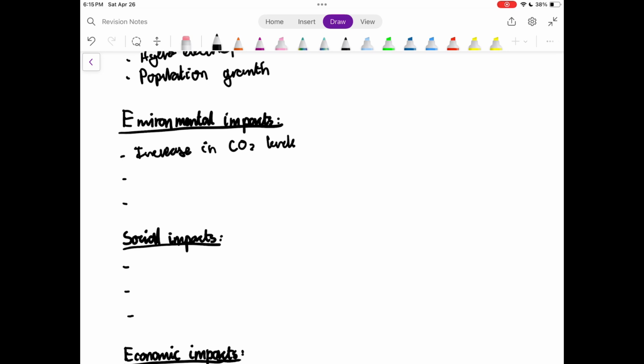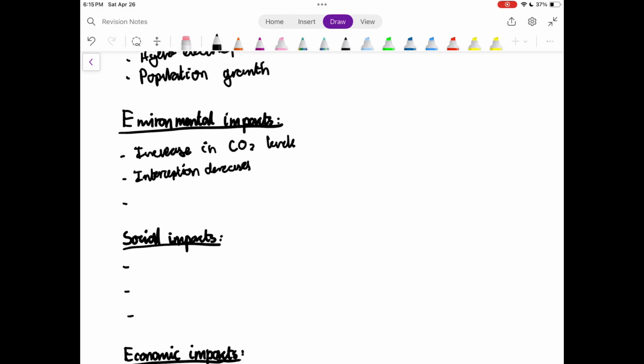So the next environmental impact is that interception decreases, and this therefore causes surface runoff to increase, and this also causes the deprivation of nutrients in the soil, because when surface runoff increases as a result of precipitation, it will carry nutrients away from the soil, and therefore new vegetation won't be able to grow as well.